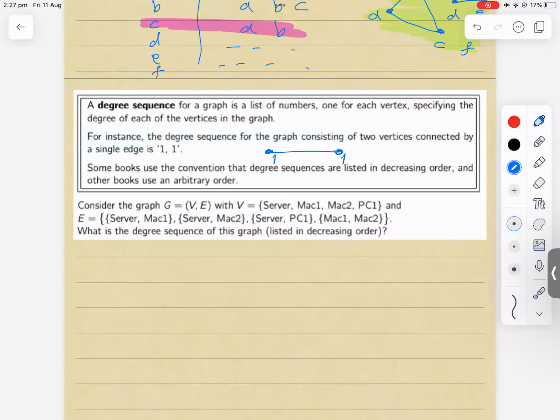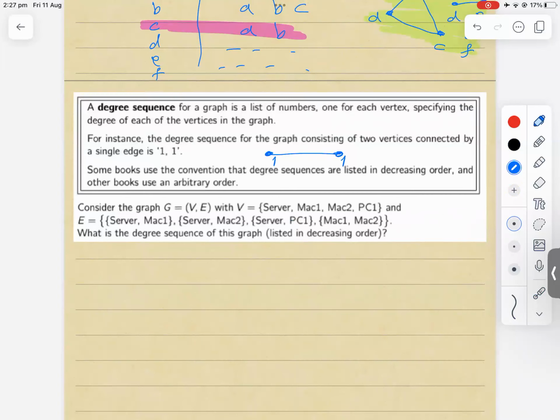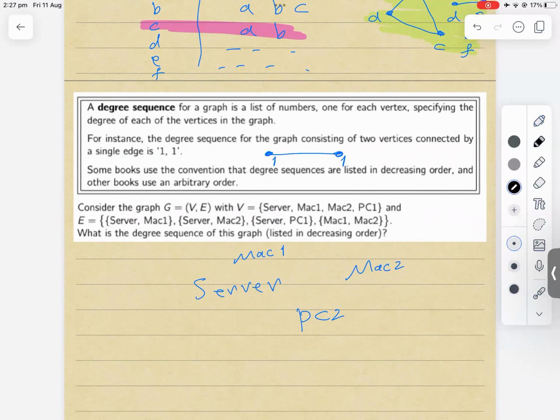Consider the graph. Server, Mac 1, Mac 2, PC 2.